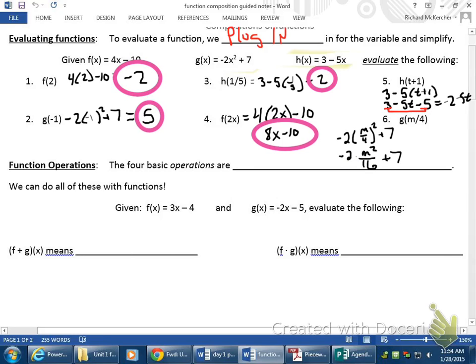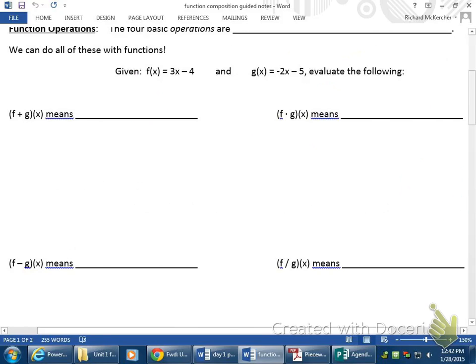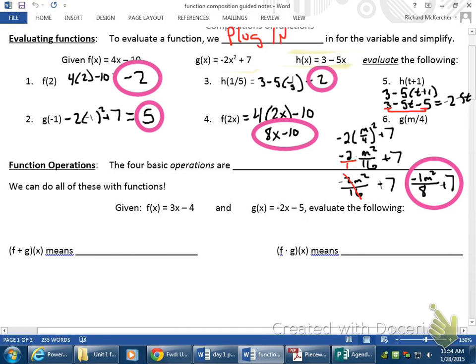So I put that negative 2 over 1, and then I multiply those fractions. And I have a fraction I can simplify by reducing, and when I reduce I get this. Alright, so that's your simple substitution.